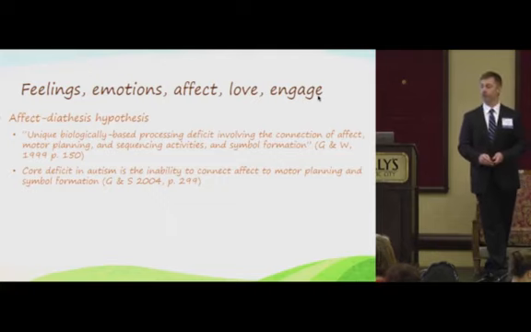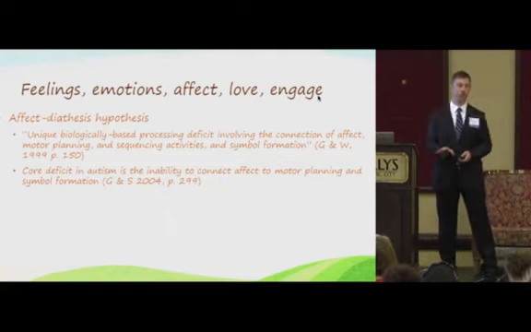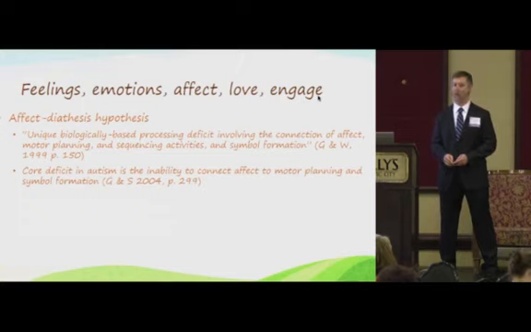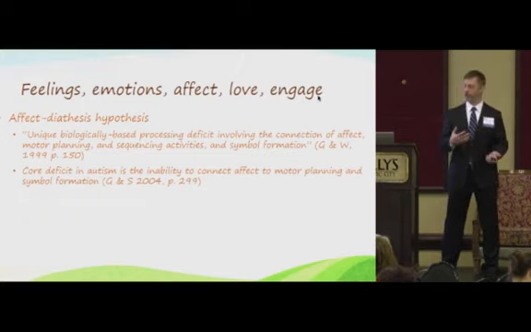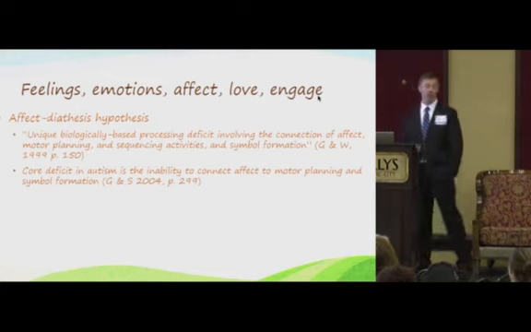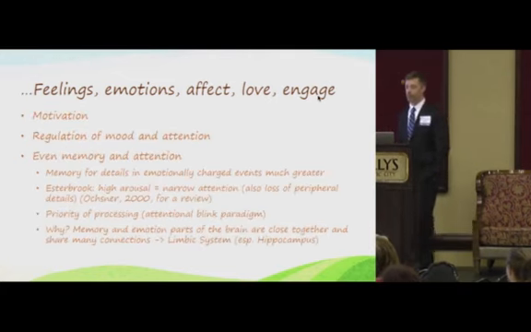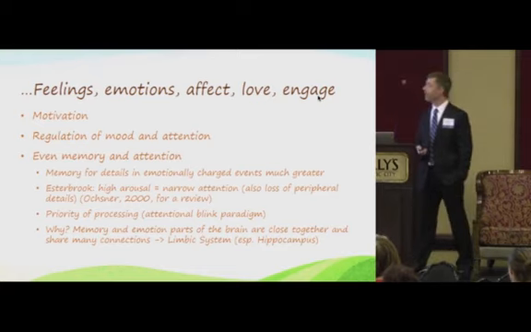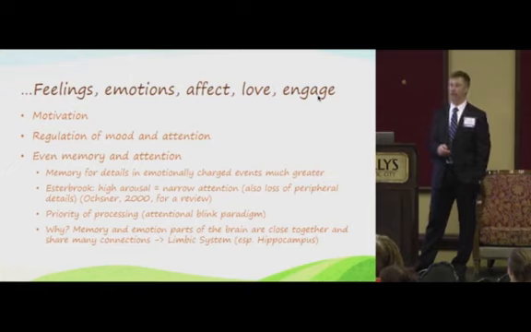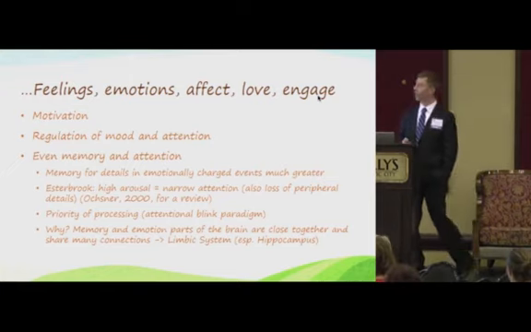There's certainly children with autism who are very low on emotional reactivity, but have still developed language and still have fairly good motor skills, right? So I don't know if there's a one-to-one correlation, but I think the main point that remains is that emotion and affect is really important. It provides motivation. It helps us regulate mood and attention of children, right? And as I mentioned, memory and attention are really important.